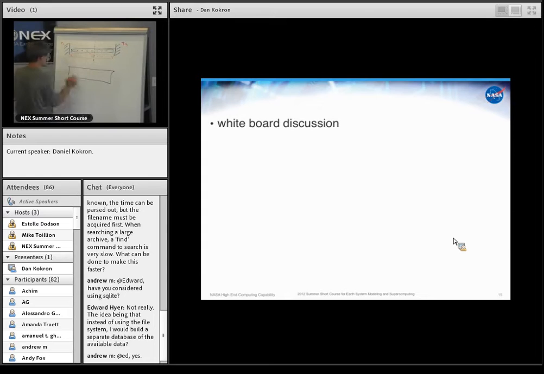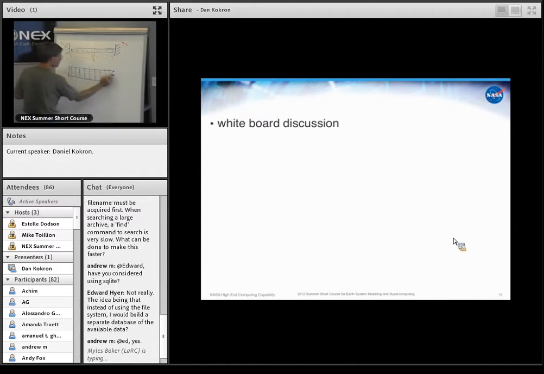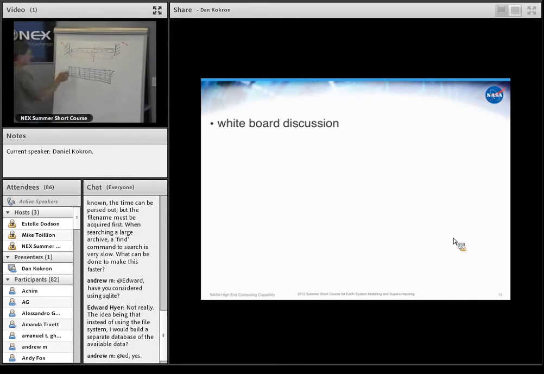This is T3, T4. In this case, we want to figure out what the temperature is in this cell at the new time.